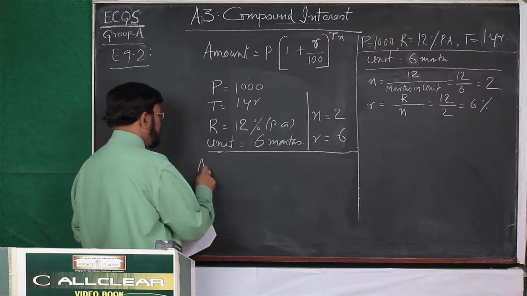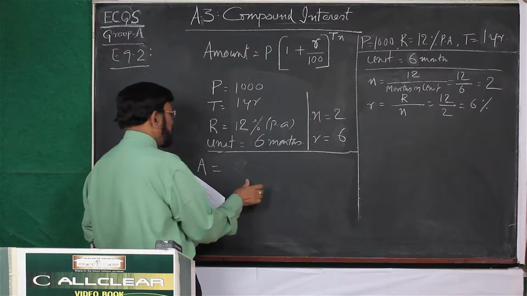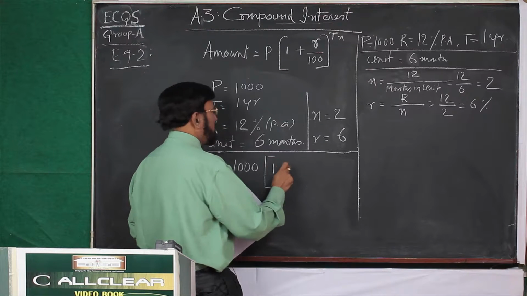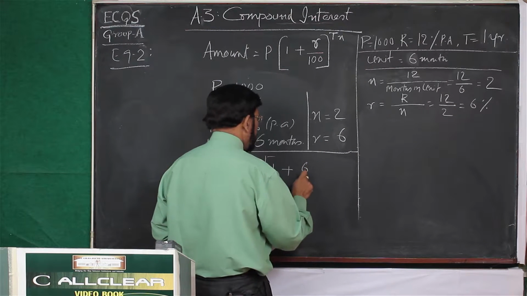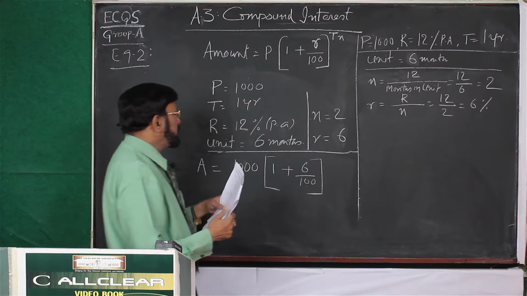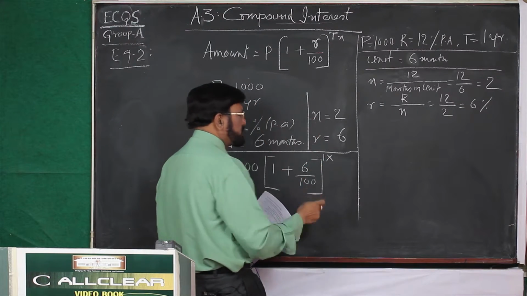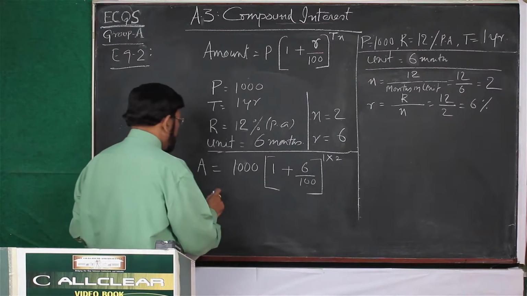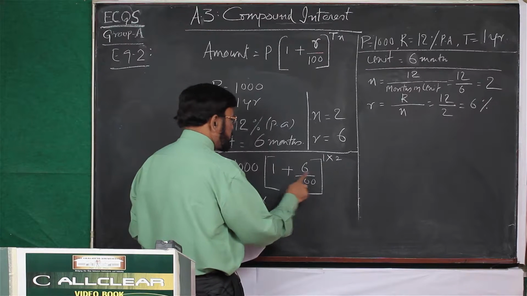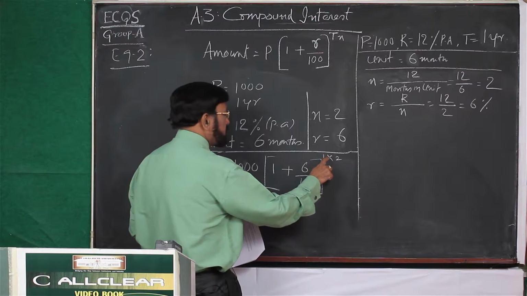Now let us substitute in the formula, that is, P. Here A is equal to P into 1 plus R by 100. Now T is equal to 1 year and N is equal to 2. So this is 1000 into, this is 106 by 100, squared.